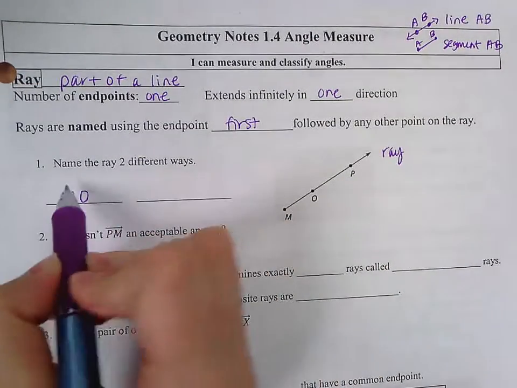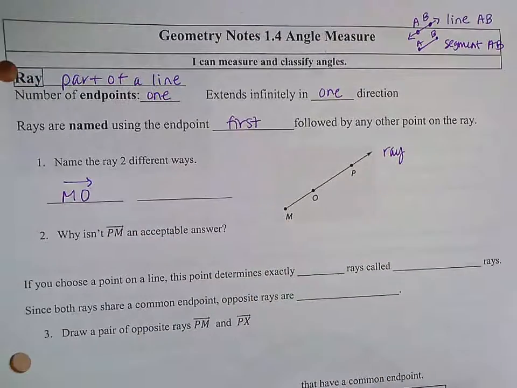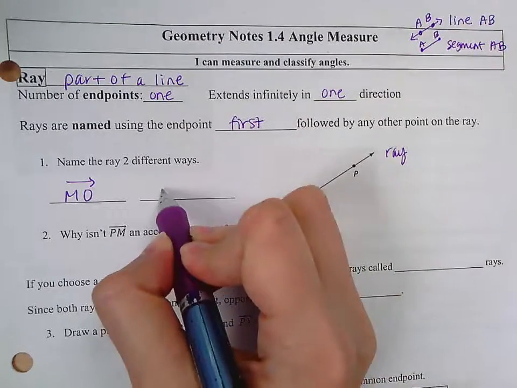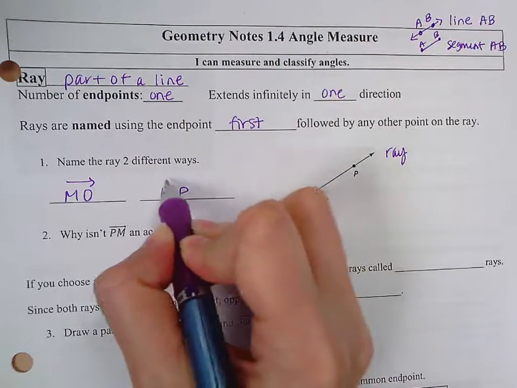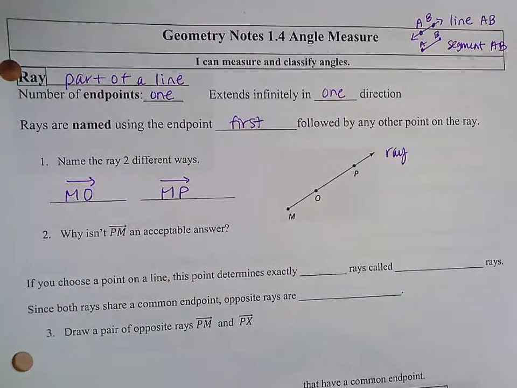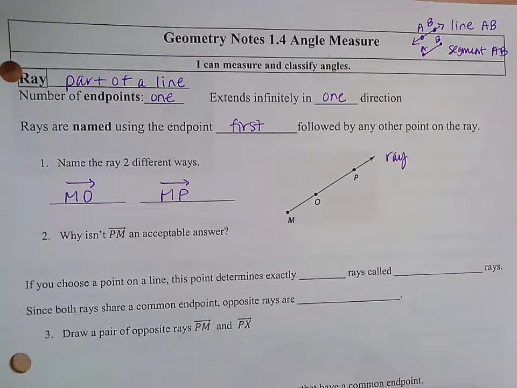And the ray symbol looks like a ray. It's kind of just like you're drawing an arrow, but you have that arrow only on one end, not on both, like you did for a line. So I could call it MO, or I could call it MP. I could not name this OP, for example, because O is not the endpoint.